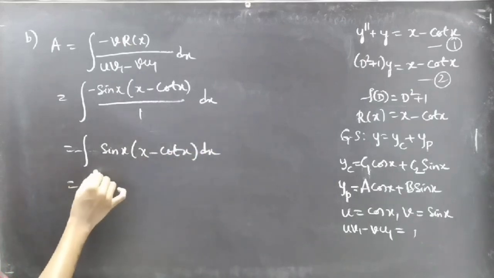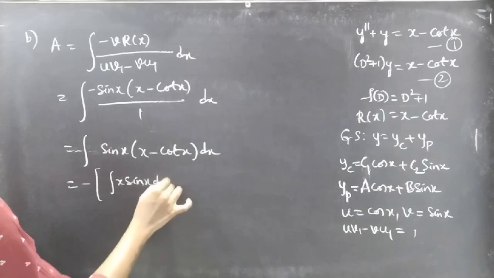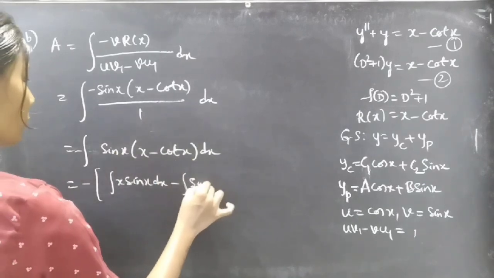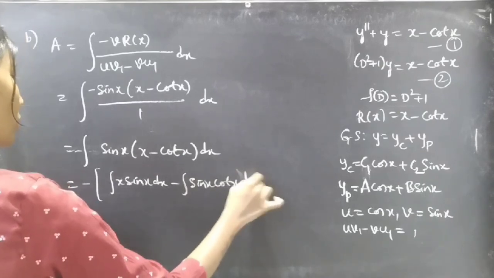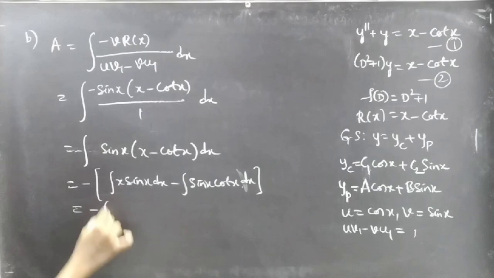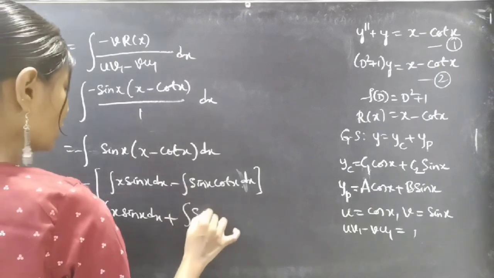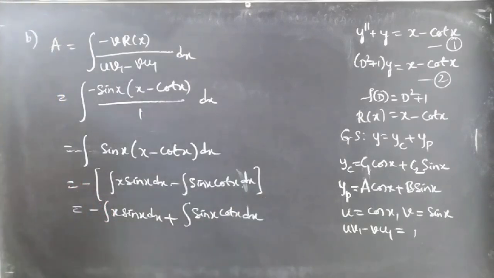This gives us minus the integral of x sin x dx minus the integral of sin x cot x dx, or minus the integral of x sin x dx plus the integral of sin x cot x dx.